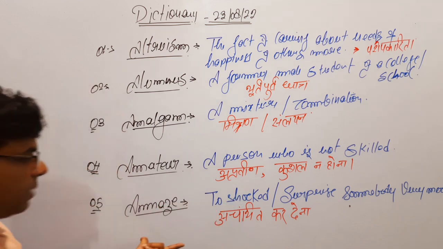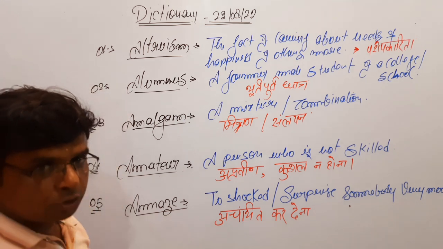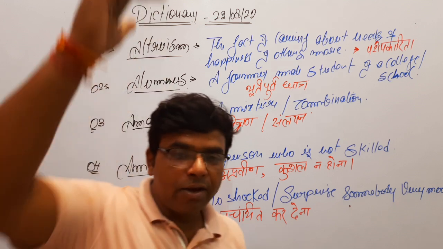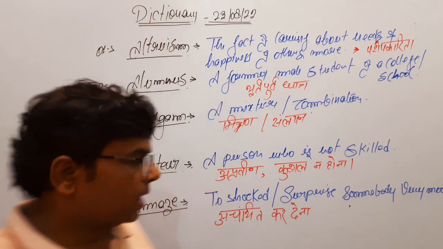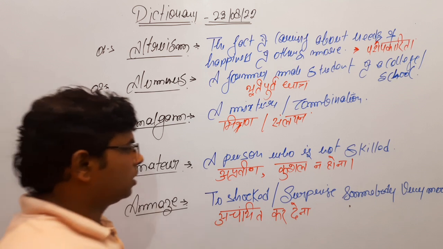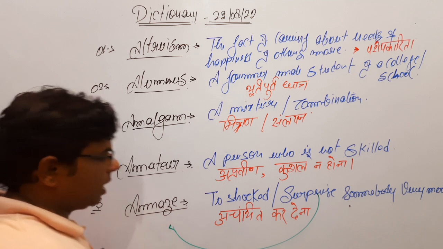And the last word is amaze, to shock or surprise somebody very much. When you shock or surprise somebody to a high degree, then it is known as amaze. I was shocked. When the shock moves to the next step, it is known as amaze.